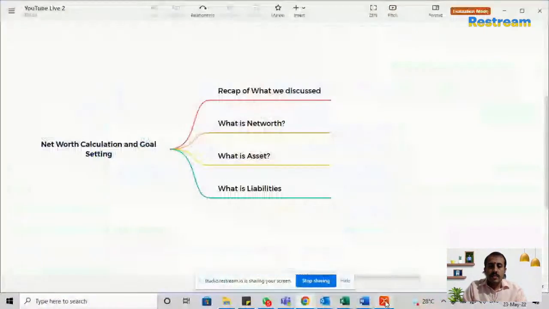If I have to tell you in detail, so you can find out what net worth is. Net worth is the difference between your assets and liabilities.